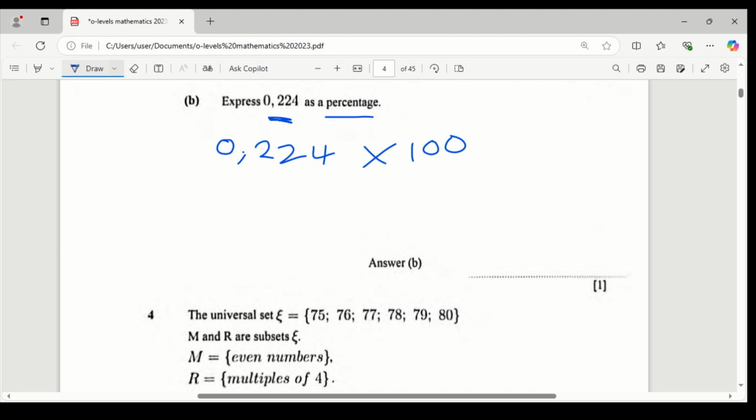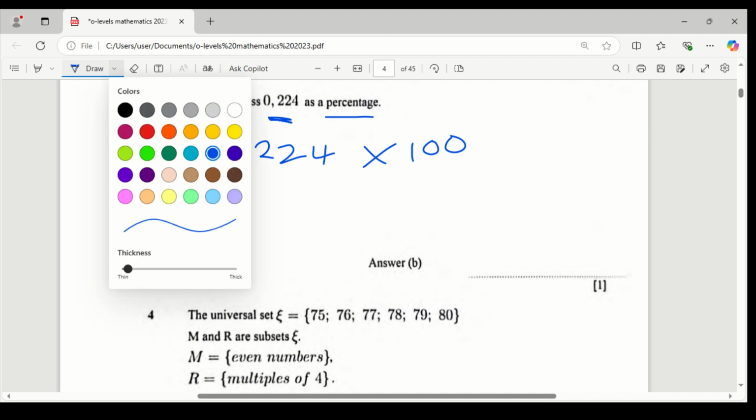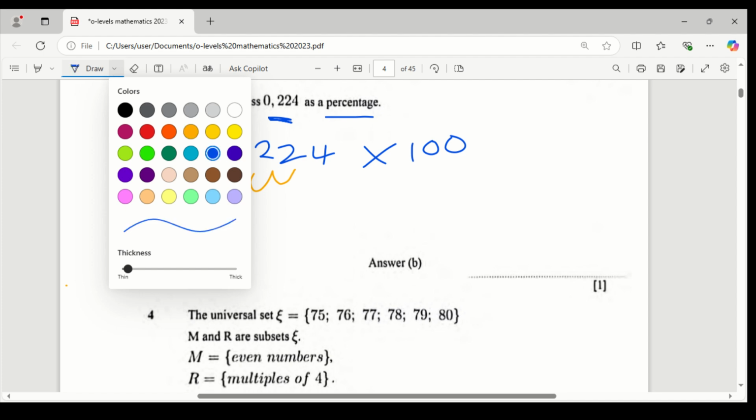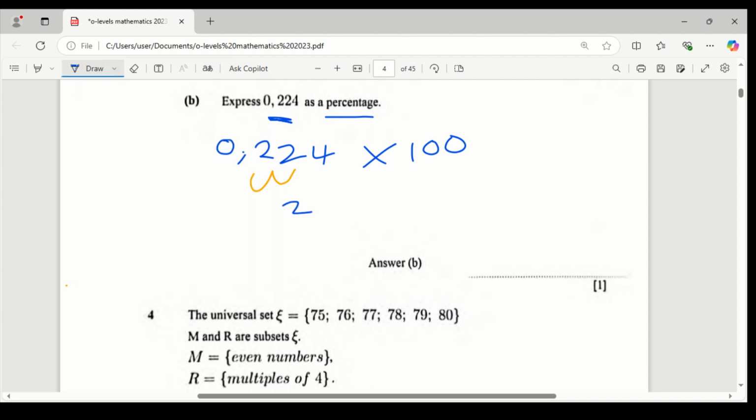So that means you move your comma 2 steps to the right, 1, 2, and your answer is going to be 22.4%. So that will be the simplest form.